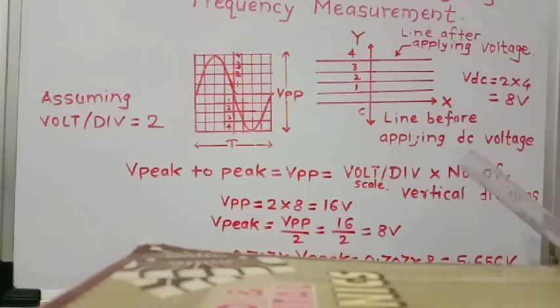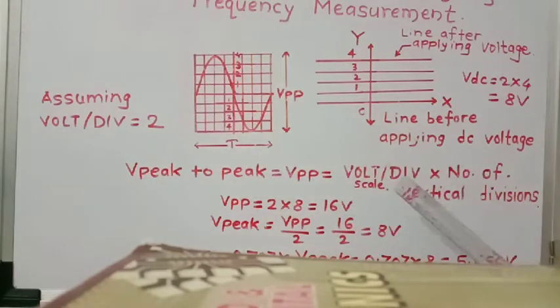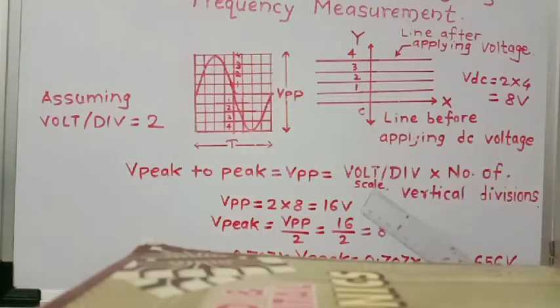Now volts per division is set for 2 volt per division, that is, for one division it is 2 volts. So how many divisions are there? Total 8 divisions. So 2 into 8, and that is equal to 16 volt.